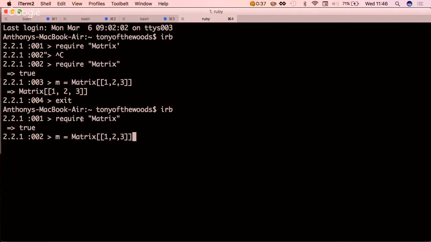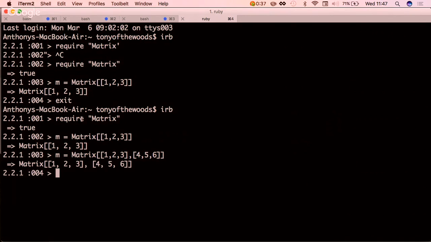Although that looks like an array accessor, you're calling it on the class, and it turns into a factory method, and it creates an instance of matrix with those values. And you have to have the two sets of square brackets, because you're saying this is my matrix and this is the row inside it. And if you want more than one row, then you do that. It looks like that, which is quite nice, and it's quite a nice way to play around with it.